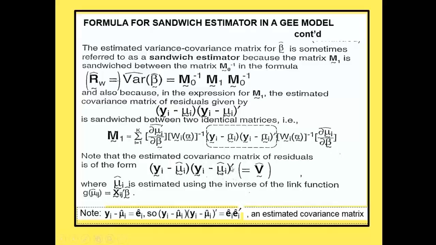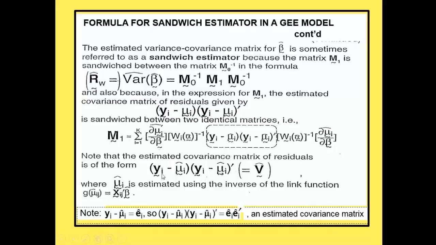You notice there's a prime over here? You remember matrix mathematics when you had a matrix and you put a prime, what did that mean? That was the transpose of a matrix. So if the matrix was a column vector and you put a prime next to it, that would make it a row vector. I don't know if you remember that. So this is a column vector multiplied by a row vector.